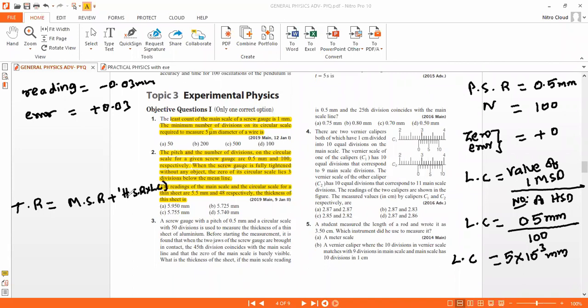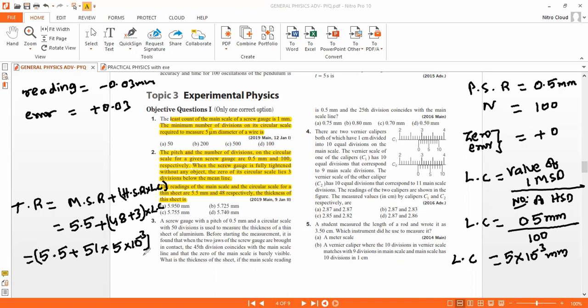Main scale reading is 5.5 mm, head scale reading is 48, and the error is 3. So 5.5 plus (48 plus 3) into least count, 5 into 10 power minus 3.